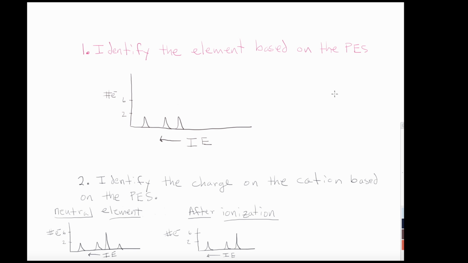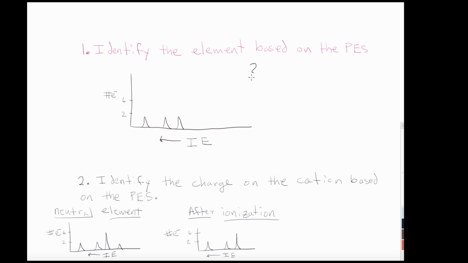Question number 1. Identify the element based on the following PES diagram. Note the number of electrons are on the left side. Note the proportionality of the peaks. In this one you're identifying the element.